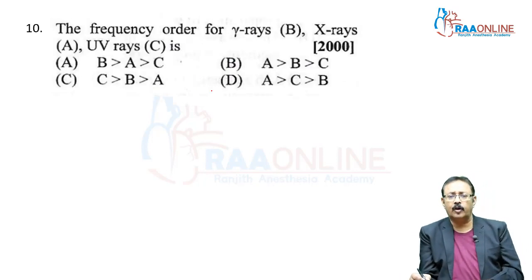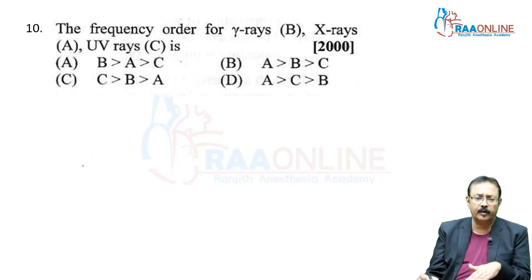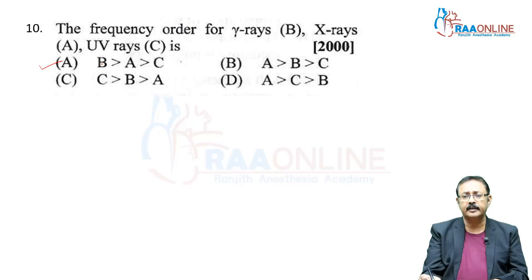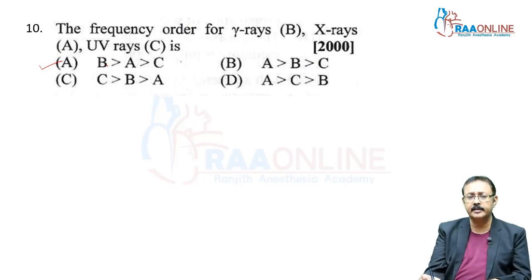Next, the frequency order of gamma rays, X-rays and ultraviolet rays. So it is BAC, means the frequency is maximum with gamma rays.